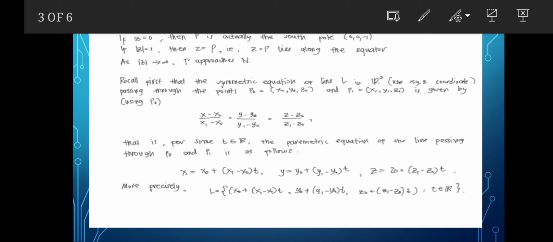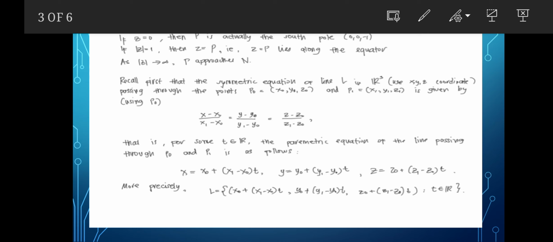Here, as you can see, is our symmetric equation, which I'm not going through, you can see it on the screen. That is for t an element of R. The parametric equation of the line passing through P sub 0 and P sub 1 is as follows.